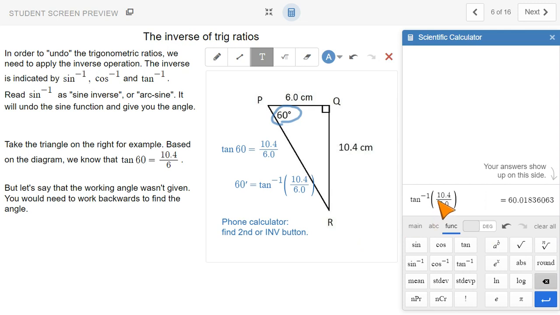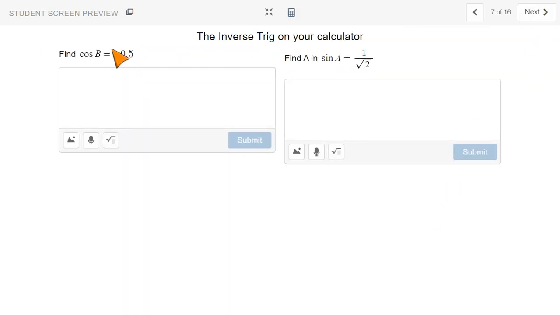You're probably also going to need to type in the number first and then do your tan, sine, and cos inverse. Okay, so find the inverse trig on your calculator.